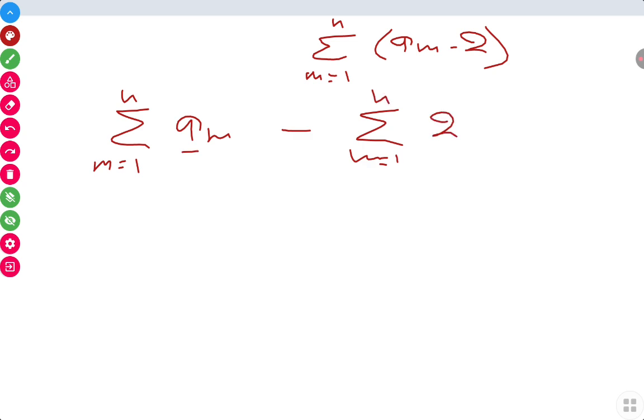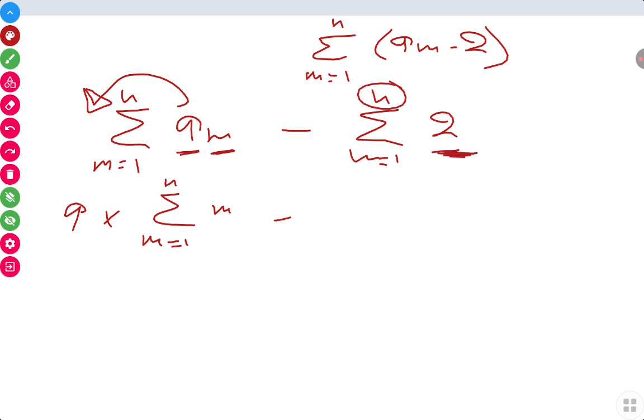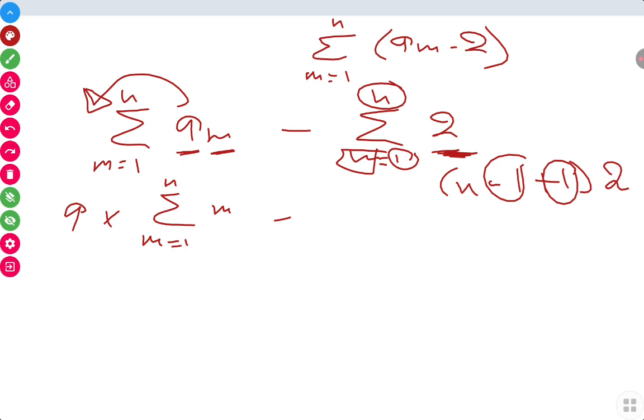And then when you have a number multiplied by a variable, you bring the number outside of the sigma, so it becomes 9 times sigma of m, from m equals 1 to n, minus, when you have sigma of a constant, we do the number up, which in this case is n, minus the number down, which in this case is m equals 1, plus 1, times the constant. Okay, so n minus 1 plus 1 is n, so it just becomes n times 2, which is 2n.